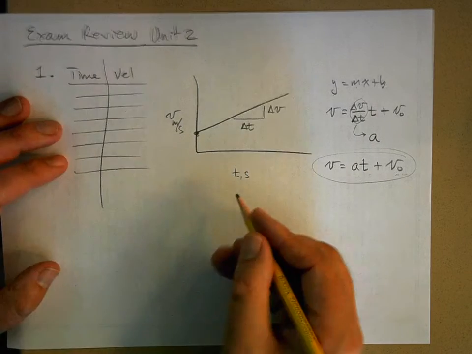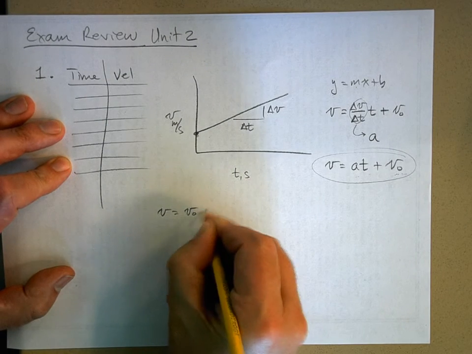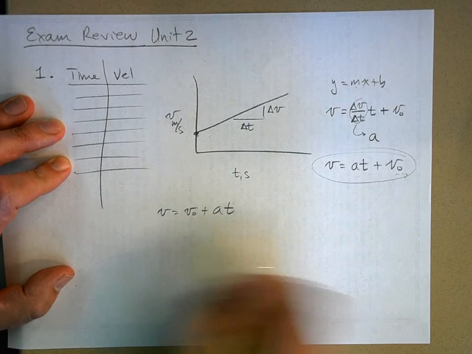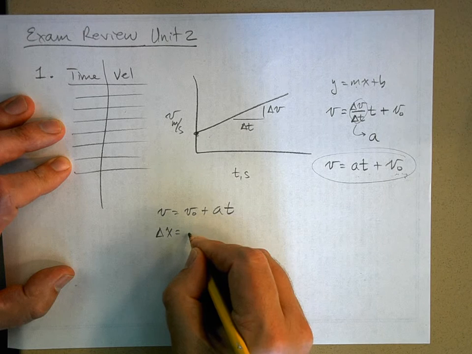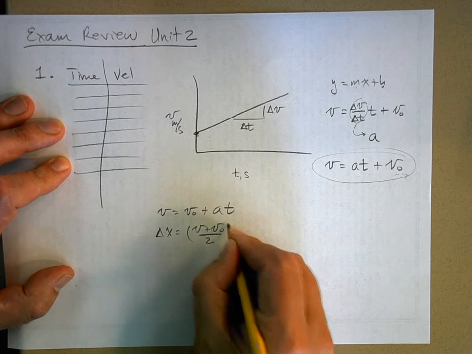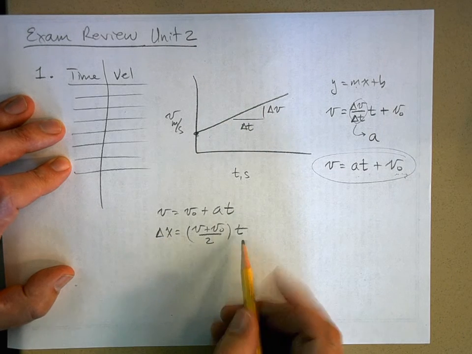Make sure you do know the 4 kinematic equations. V equals v naught plus at. Oh, look, that's this one. Just reverse the order. Delta x equals v plus v naught over 2 times time. Use this one when you don't know or don't need the acceleration.